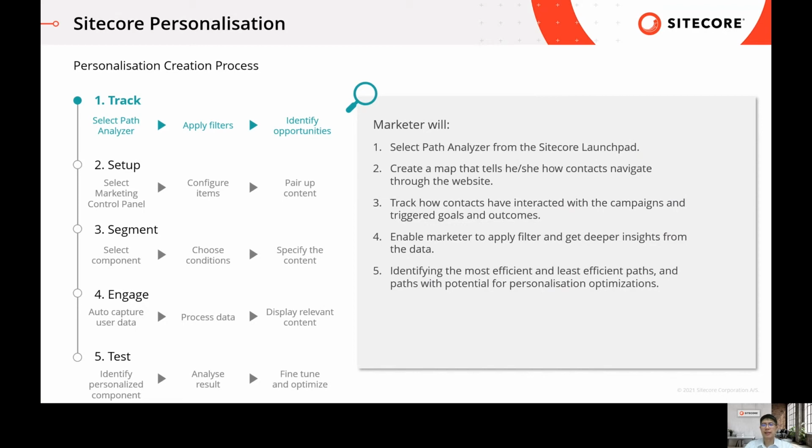From there, they can see how the contacts are interacting with the brand, campaigns, goals, and outcomes. The marketer can apply some filters to further drill down into a particular scenario. Finally, the marketer can identify the most efficient and least efficient paths, and paths with potential for personalization optimization.